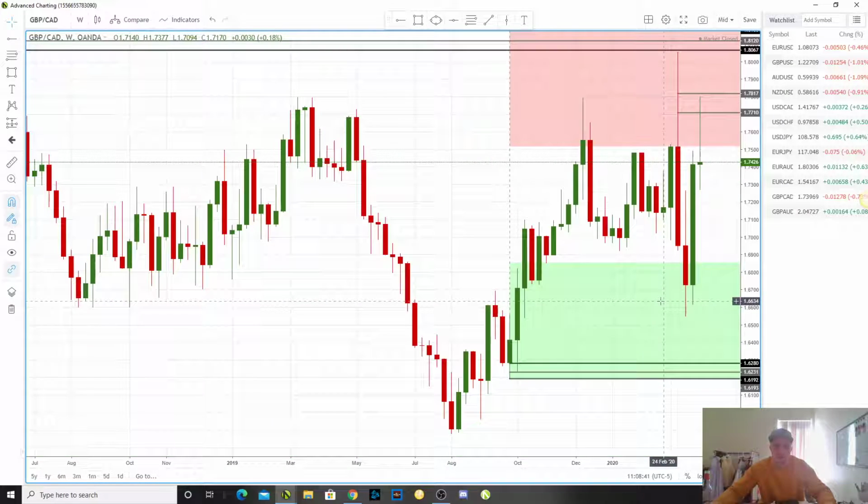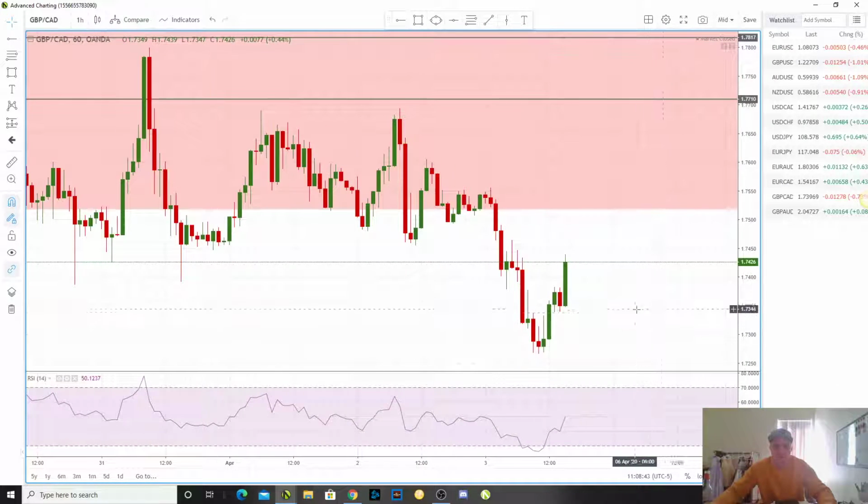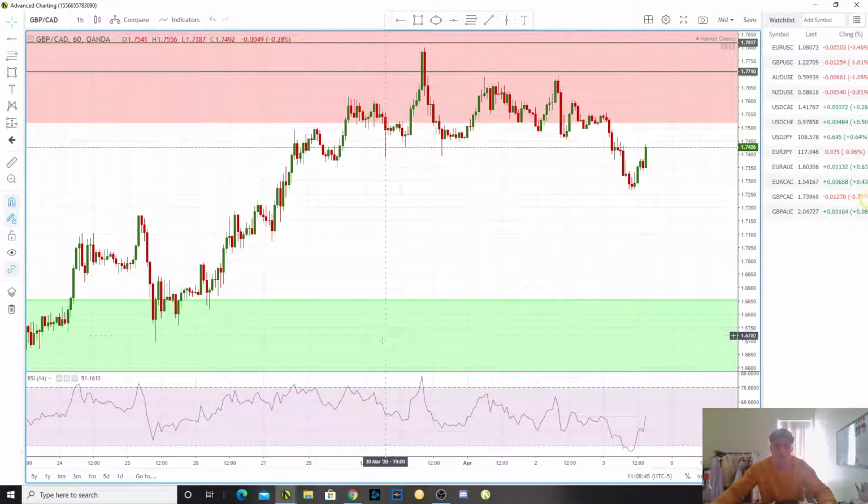We came into the level. Let's see if we've got divergence. Not particularly. A little bit right there.